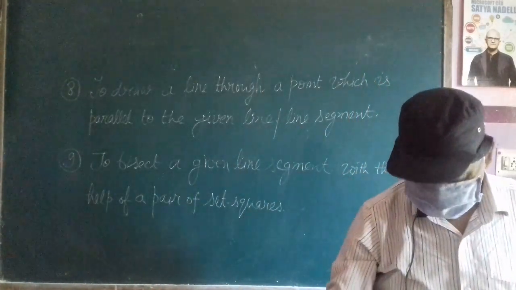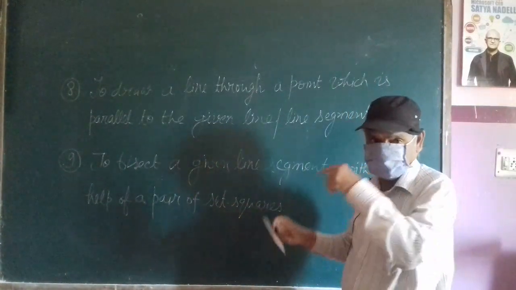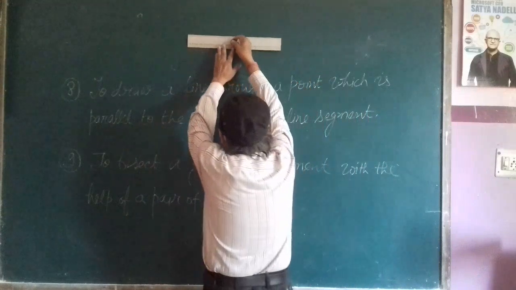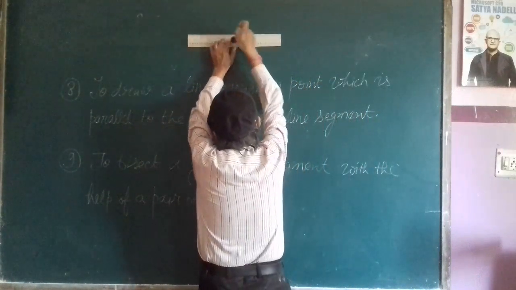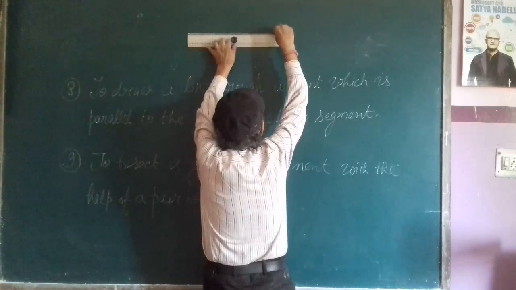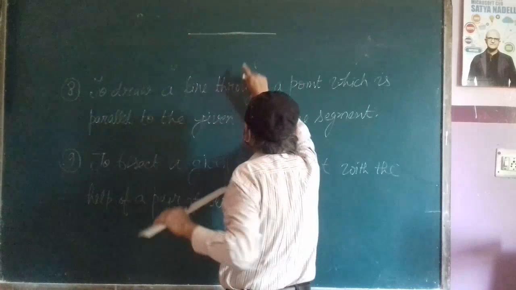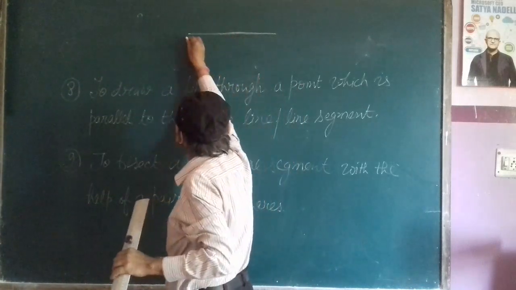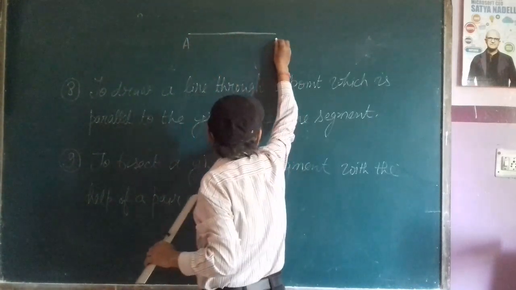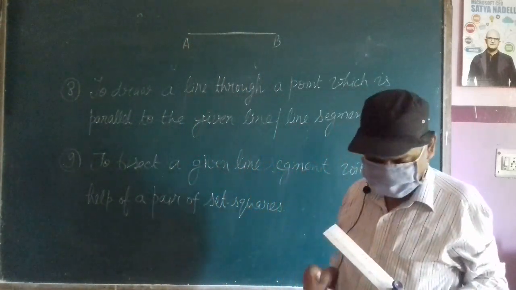Yes, here I will draw a line segment. This is AB. You have to divide it in 5 equal parts.